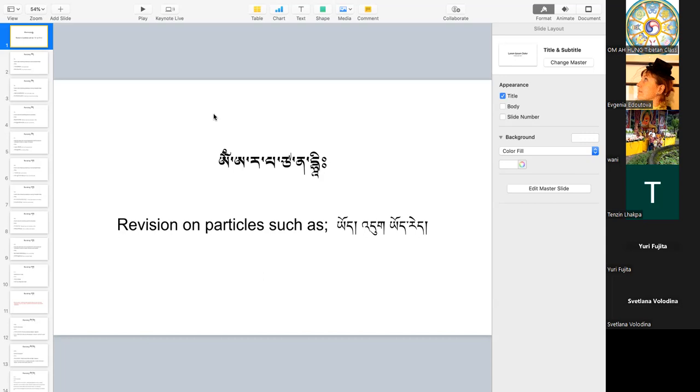So they have these particles that they have in the spoken language. Similarly, if you try to study the original dialect of Kham, there will be different words, different reasoning, different structure. And some of the terms will not be used there that are used in the Central Tibetan dialect. But that's more specified.